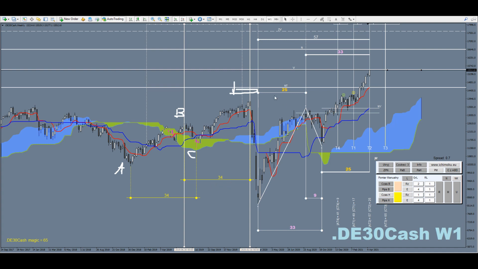Now, let's check the time between point A and point B. Let's change color. In the first case, 28 weeks have passed. In the second case, 25 weeks have passed between point A and B. Now, we check between point C and point D, and find that 28 weeks have passed.